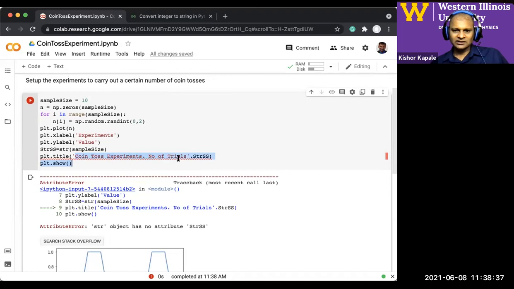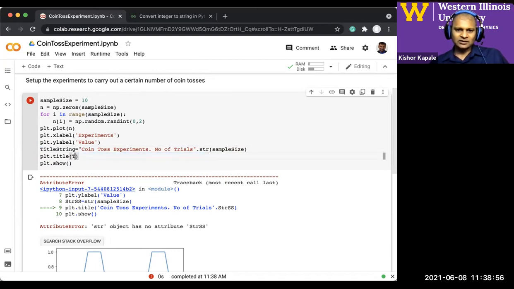I think that it doesn't like that the string in the title is weird. So here is a way to do that. We just call it title string is equal to coin toss experiment with number of trials dotted with this, and then here we just put it.